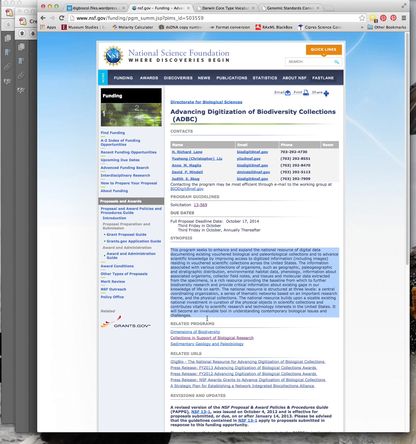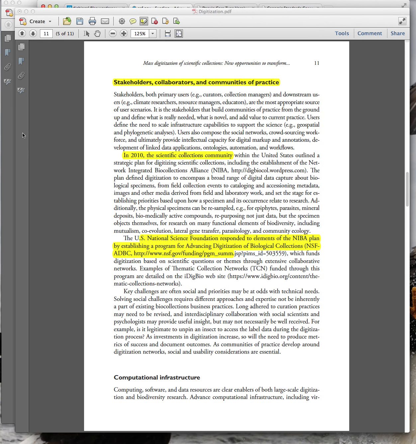So if you just go to the NSF website for Advancing Digitization of Biodiversity Collections, you can take a look here and see the synopsis of the call for proposals, right? So the third Friday in October annually, they have proposals received, and they work on awarding funding to get people's collections digitized and to support infrastructure as well.